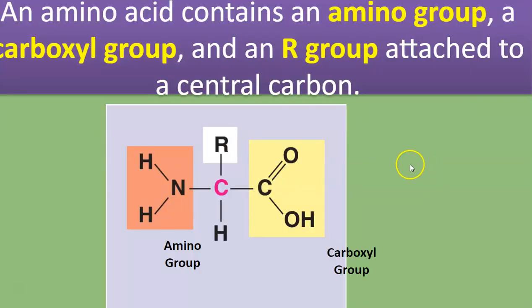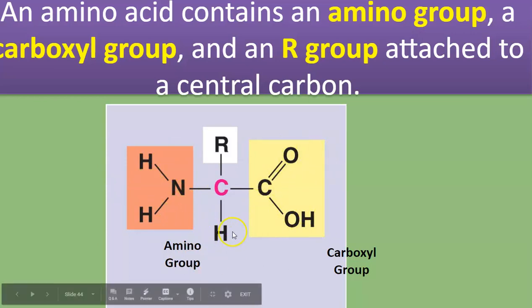Every amino acid has the same basic parts. It's got an amino group. So when you're thinking about the elements that compose protein, it does have carbon, hydrogen, oxygen, and nitrogen. So there's an amino group, and there's a carboxyl group, and then there's always a hydrogen.